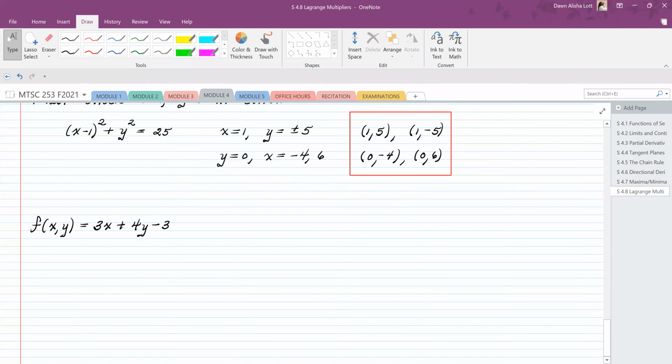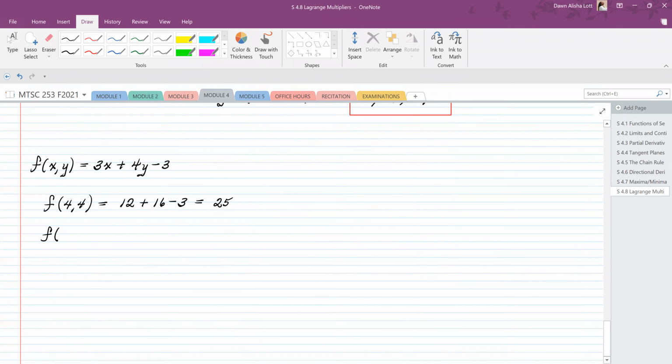So f of 4, 4 is 3 times 4 is 12, plus 4 times 4 is 16, minus 3. So that's 28 minus 3, so that's 25. F of -2, -4: that's 3 times -2 is -6, minus 4 times 4, that's 16, so that's -22, minus 3, so that's -25.